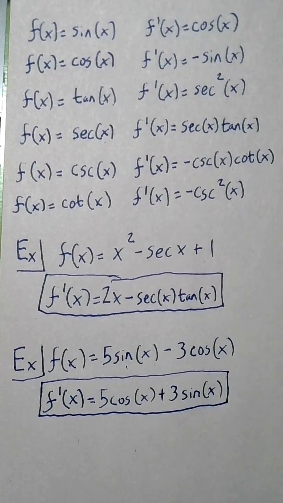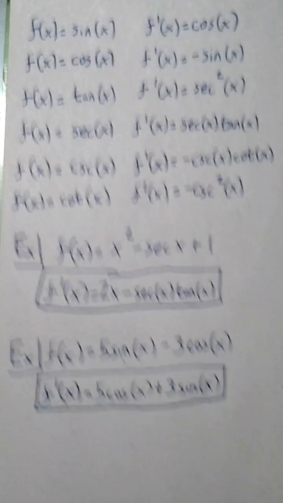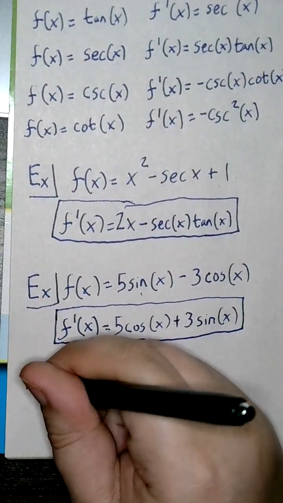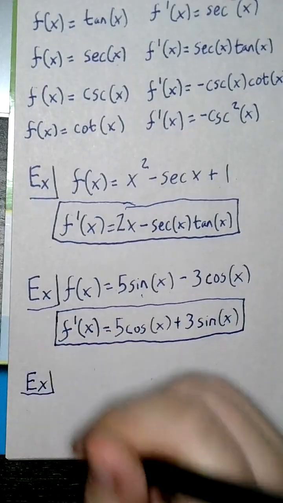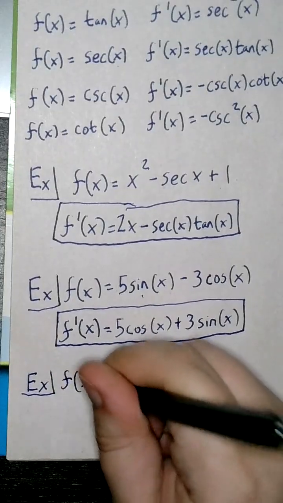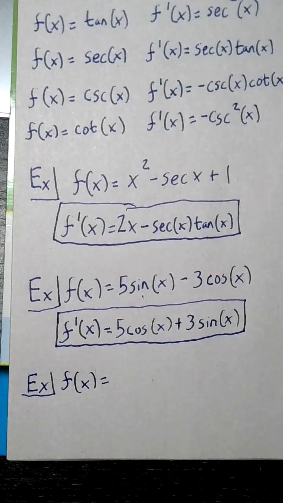Let's try another one, but this time I would like you to give it a try. So let's say I have f of x is equal to, what should I do?